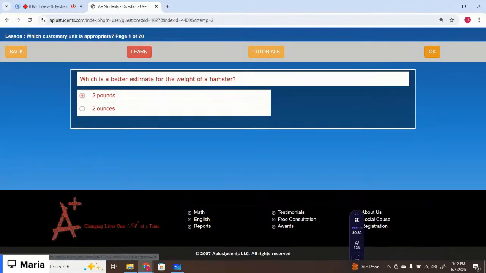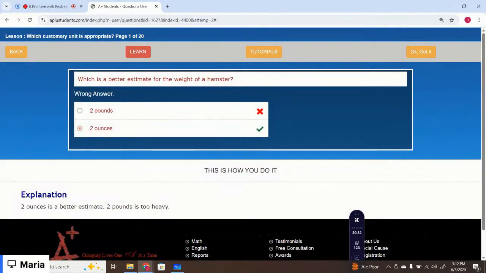Option number one is the correct answer. That is 2 ounces.